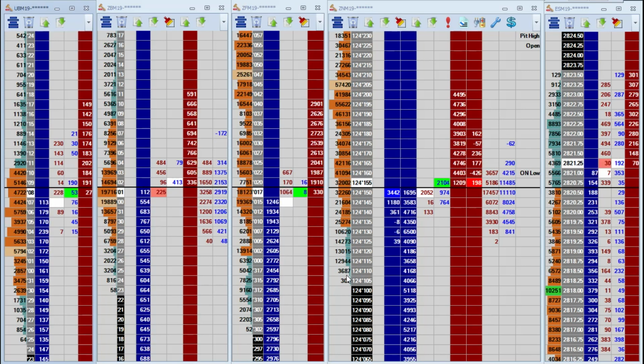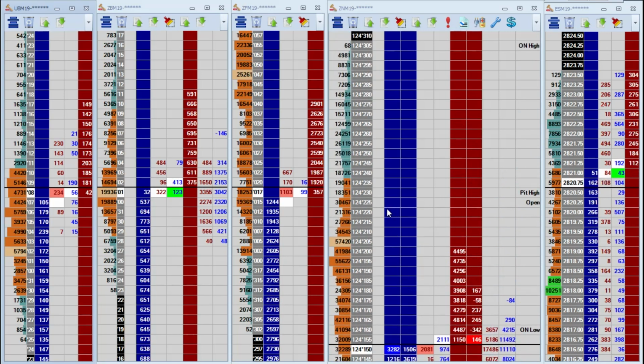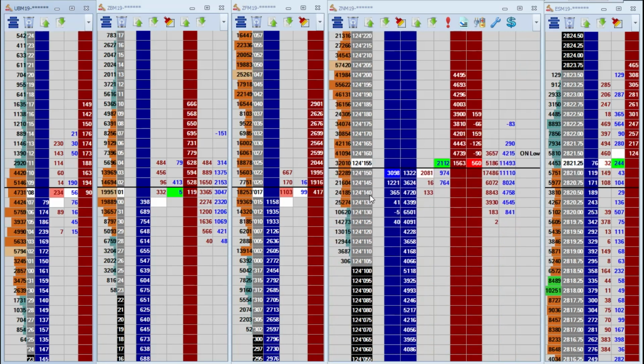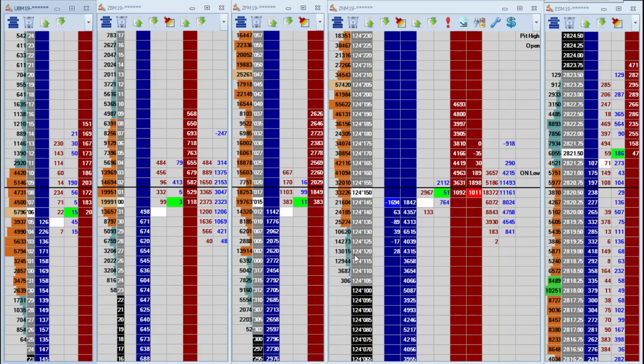So new plan is basically looking at something here at the current low, or maybe the pit high if we get back up here to 23 even. But I just think that getting involved here, you're just going to get chopped up.